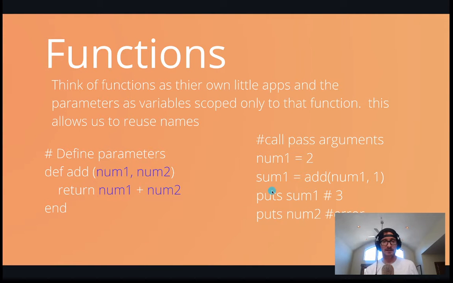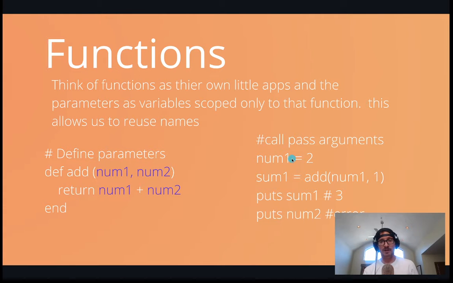So we'll look at this example in code, but let's just look at this example really quick here. Here I'm defining a variable num1 and I'm setting it equal to 2. Now this num1 here is not going to be the same as this num1, even though they have the same name. This is something that takes a little time to get used to, is things just are named the same, but they're not the same thing.